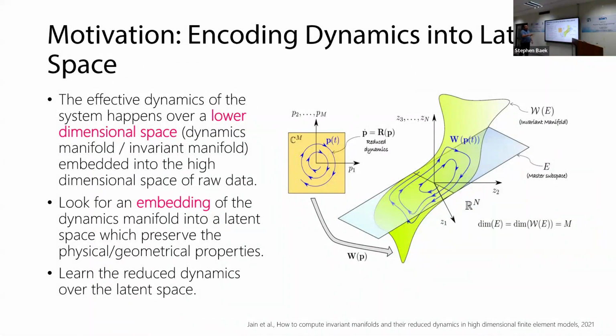So what we're interested in is, first of all, to produce the map. And then on top of that map, we would like to define a governing equation governing those different trajectories. Does that make sense?